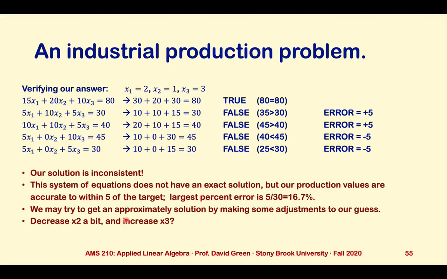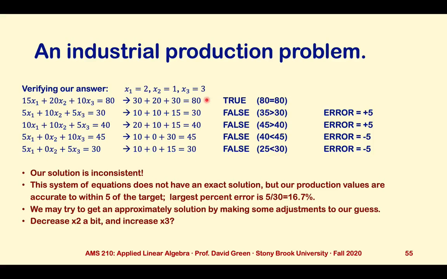If we also increased x3, x3 has the smallest impact on these. We've decreased x2. Increasing x3 might offset that a little bit, but increasing x3 would bring these numbers up a little bit and also might help balance off how these changes to the first equation happen.